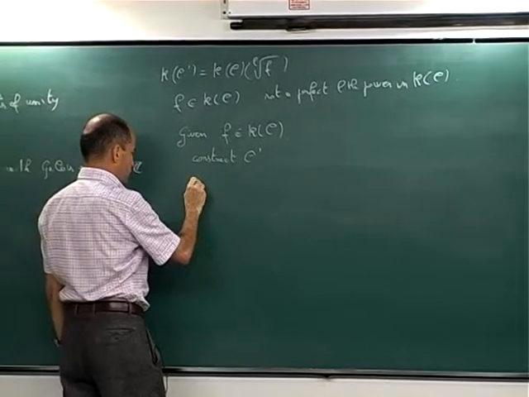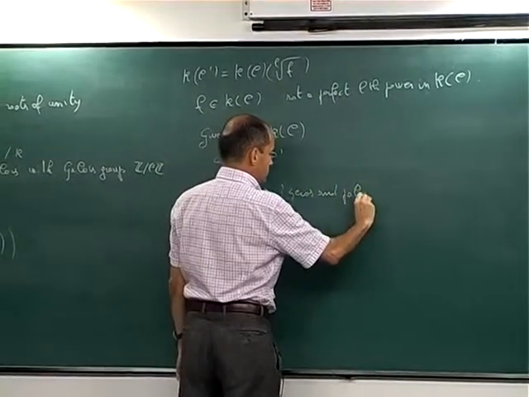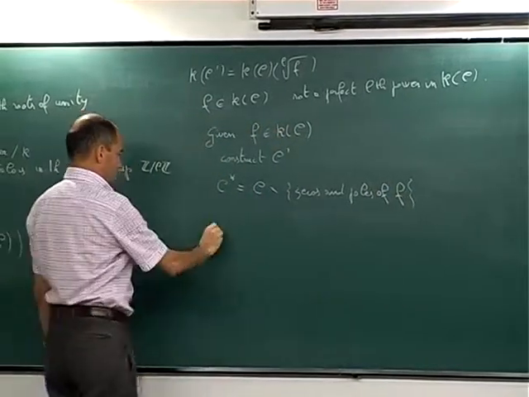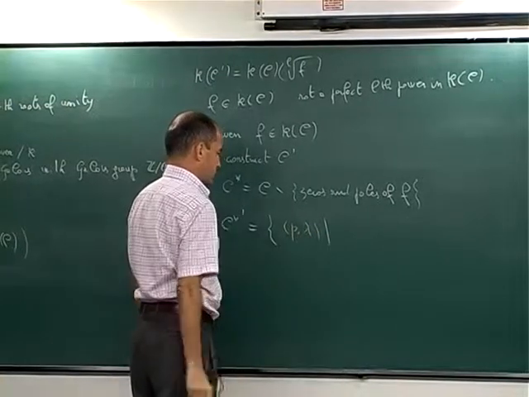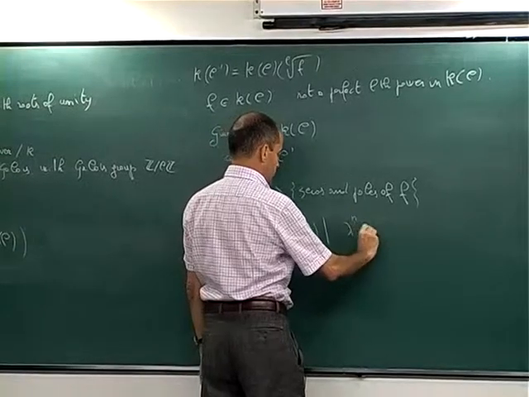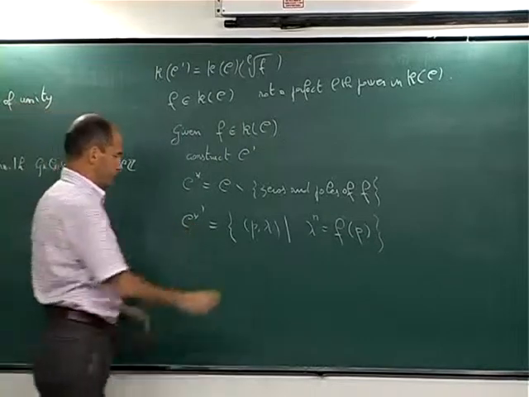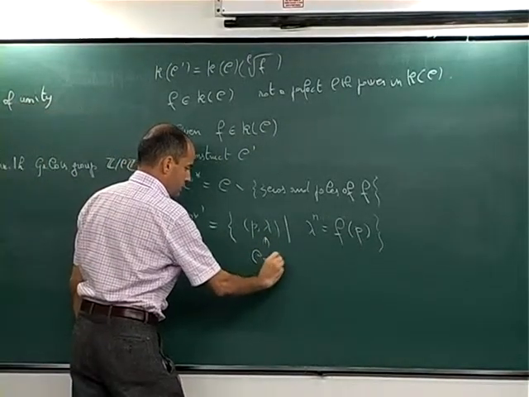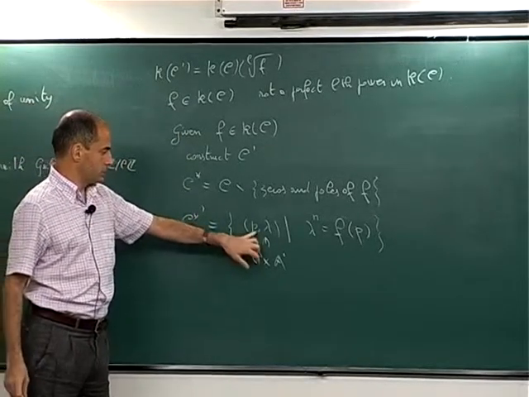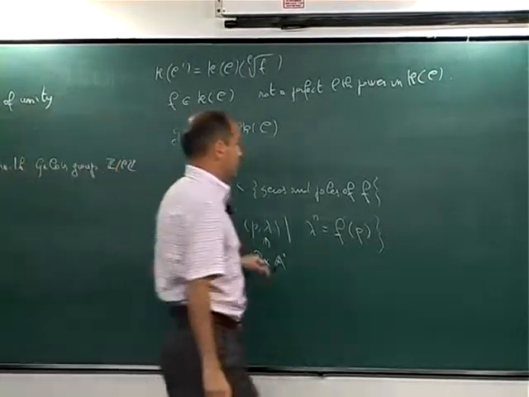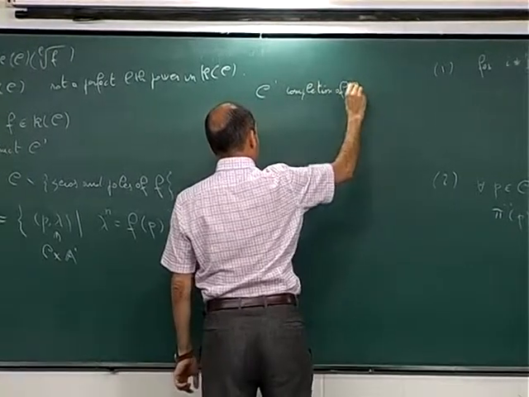We first define the open curve C star equals C minus the zeros and poles of f, and then let C star prime be the set of points (P, lambda) such that lambda to the L is f of P. And this is a curve endowed with a projection to C, sending (P, lambda) to the point P, and C prime will be the completion of C star prime.